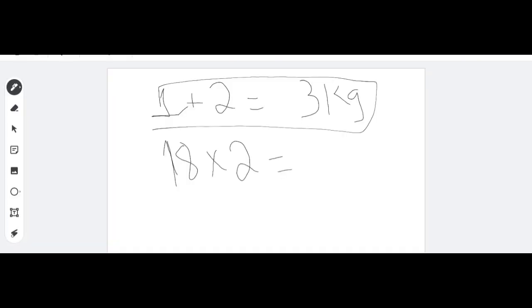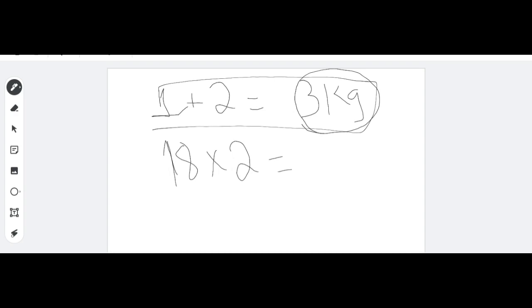I think not with the 2. 18 times 2, I got 36. 18 times 3, I got 54. So I have to multiply with the amount, with the kg, not with the 2.